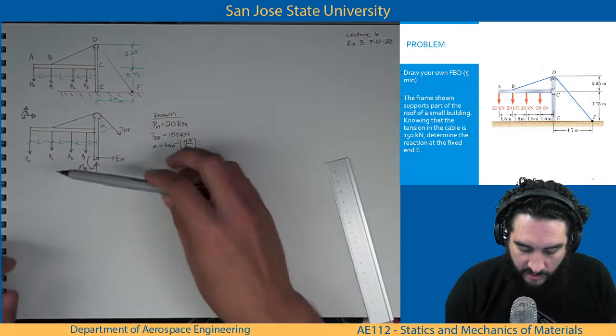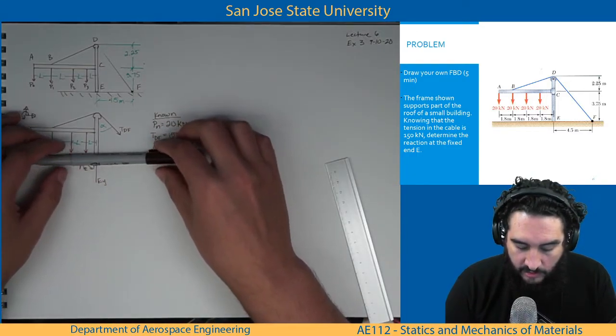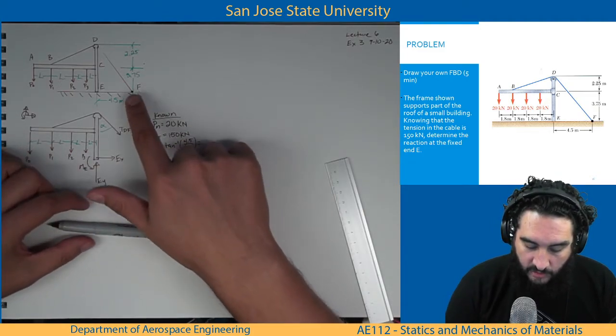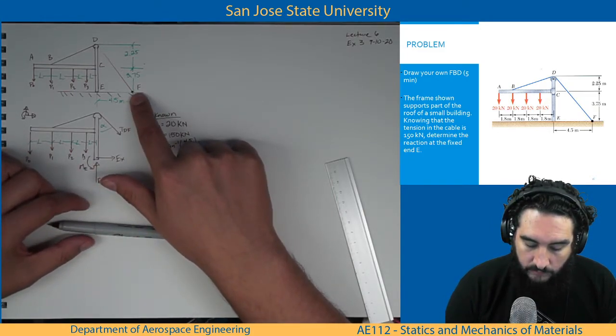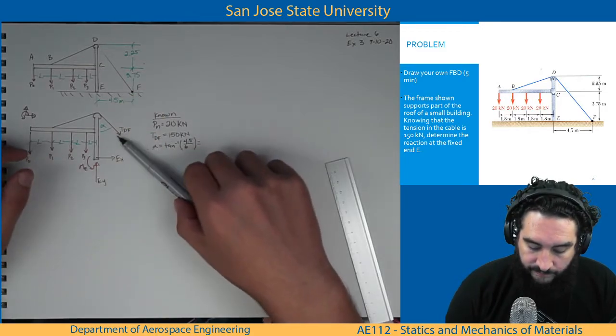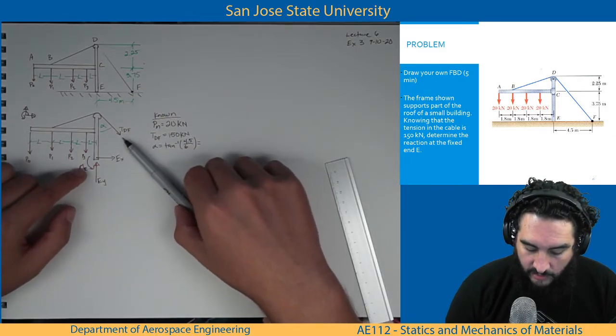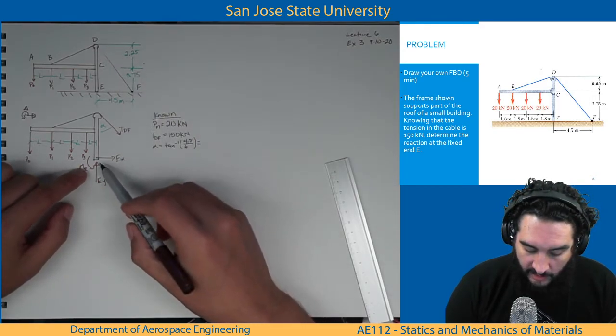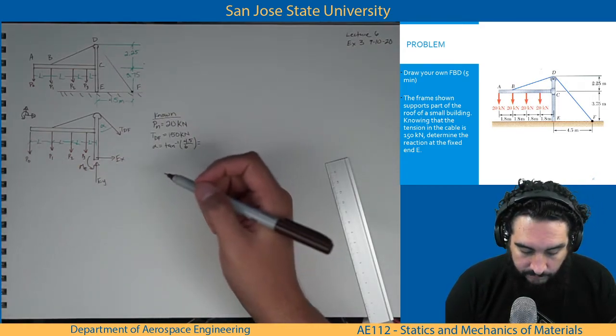Yeah, so essentially I cut out everything that was holding this structure to the ground, which included point F. And when I make that cut, I have the tension in cable DF, which is only a 2-force member or a cable. And then I have a fixed support, which gets all 3 of them.